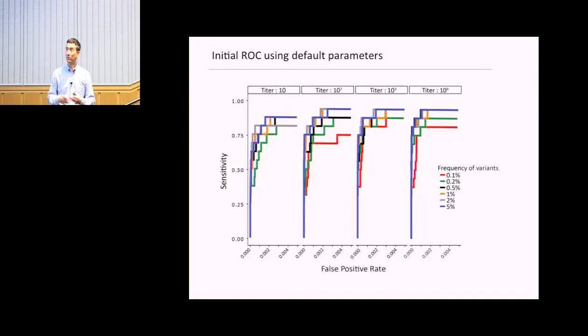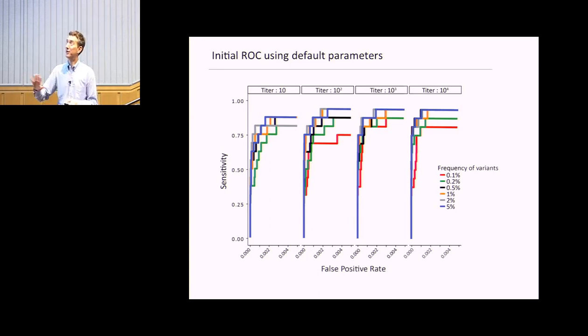And then we say, okay, we've been using ROCs to ask how do we do on sensitivity and specificity? And here's where we started. Our viral titer, 10 to the 4 down to 10, frequency of the mutations, variant caller. And basically, all I want to get across here is we did pretty well, right?